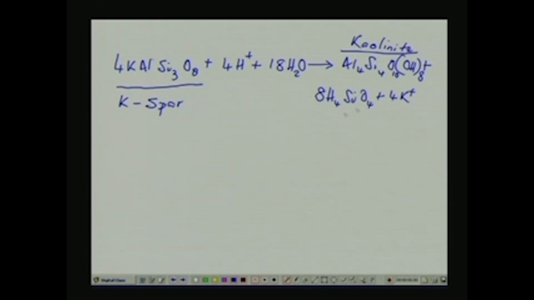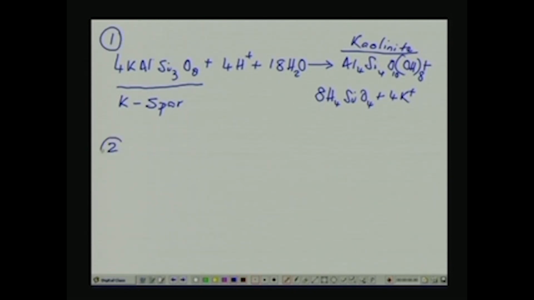We continued with this weathering process in the last lesson, and we showed that further leaching of kaolinite would eventually end up with formation of gibbsite material. Now, this is one of the processes.